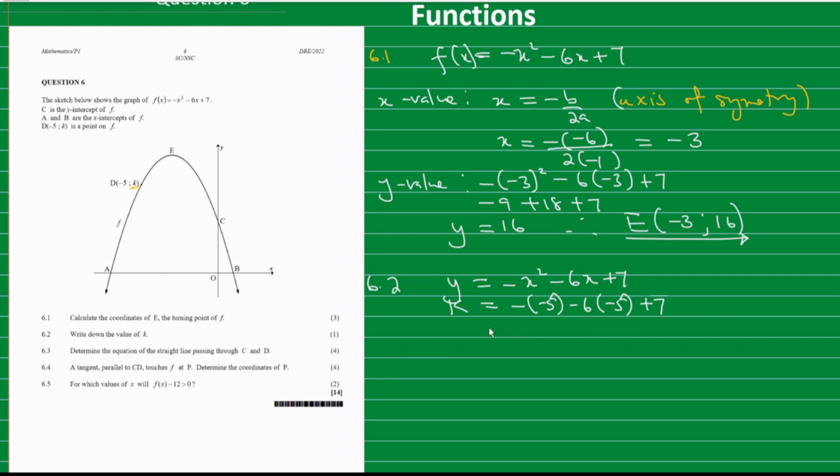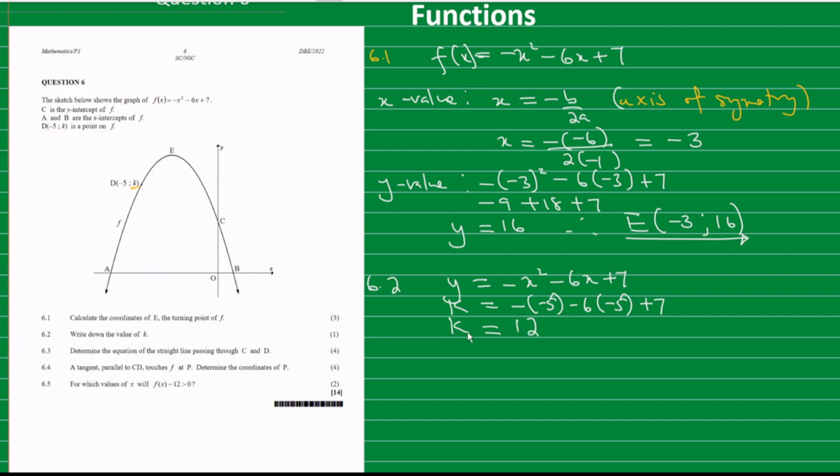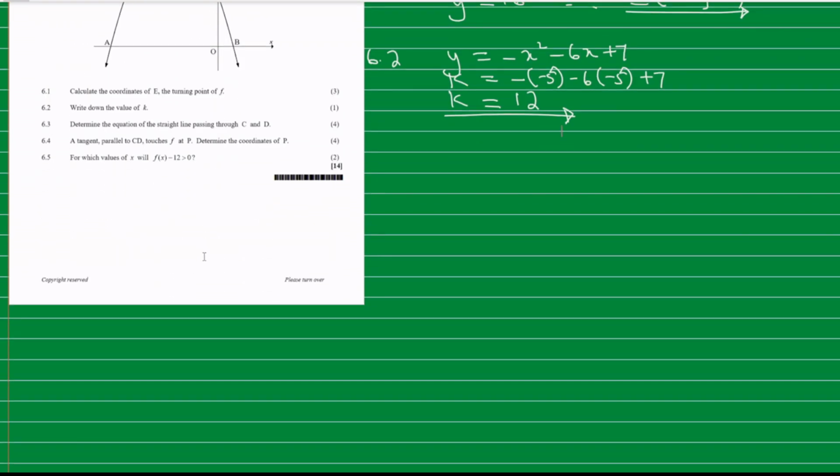From here we get 12. So k is 12. That gives us the value for k.